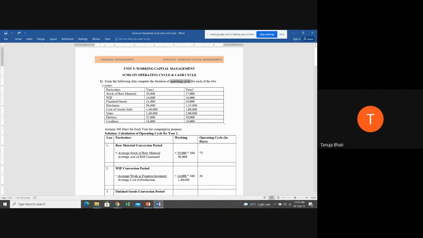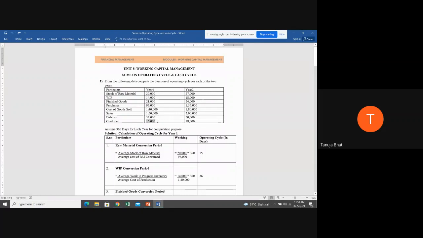So next step is you have to minus the creditors payment period. Now what is the formula? It is creditors divided by credit purchases, because creditors come into picture when there are credit purchases. Is the information about cash purchases or credit purchases given? In the absence of information, you have to assume the entire purchases to be credit purchases.